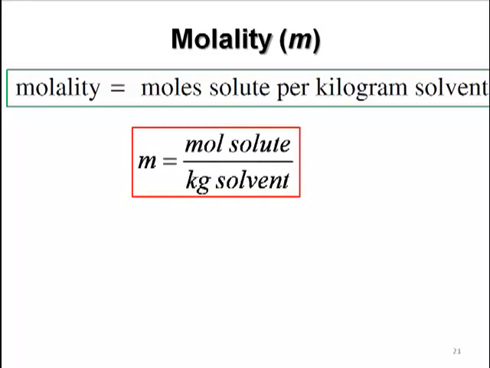It's only the solvent and not the solution. The relationship, 1 kilogram is 1,000 grams, helps you convert to kilograms for the solvent in this case.